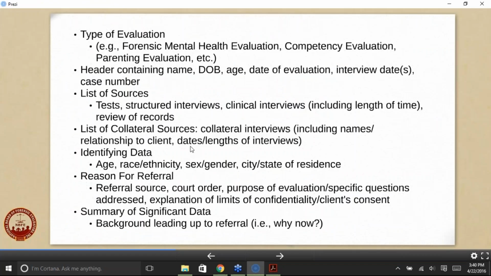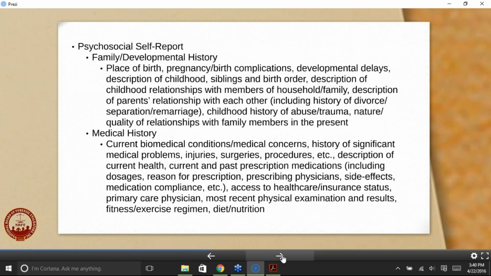So now we're going to get into the psychosocial self-report, which is on our next slide here. There we go. So what we've done is we've broken the psychosocial self-report up into several distinct and separate subheadings. The first one is family or developmental history.